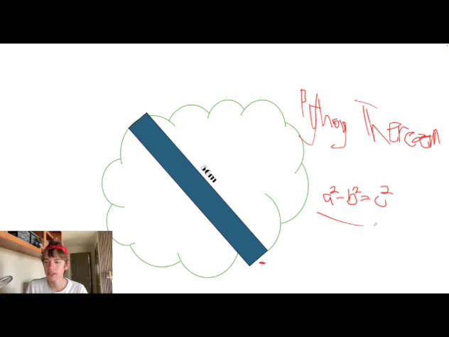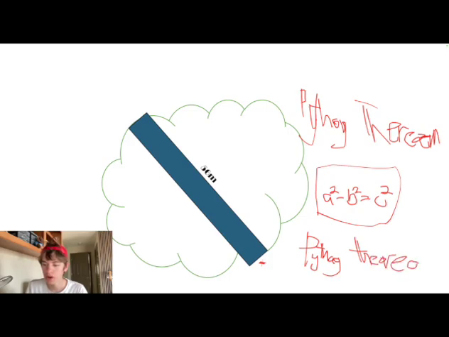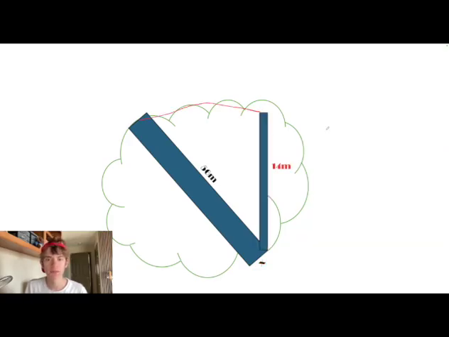And by utilizing this simple fact that derives from the Pythagorean theorem, we are able to successfully deduce that this line length is 14 meters and that this line length is 4.8 meters.